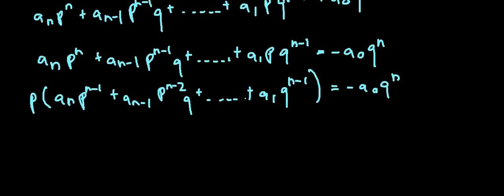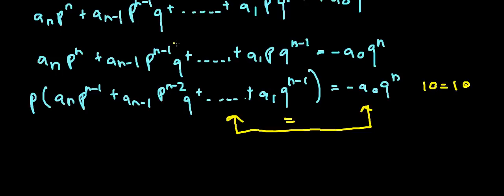And here is where we're going to prove our theorem. Because there is an equal sign here, this side of the equation is equal to this side of the equation. It's the same number, it just looks different. So it's like 10 is equal to 10. And because p is a common factor of the left side of the equation, that means p is also a factor of the right side of the equation, because it's the same number.